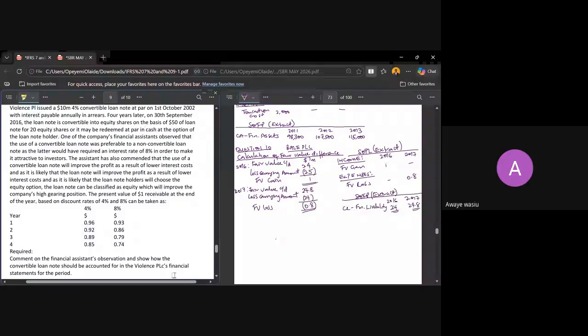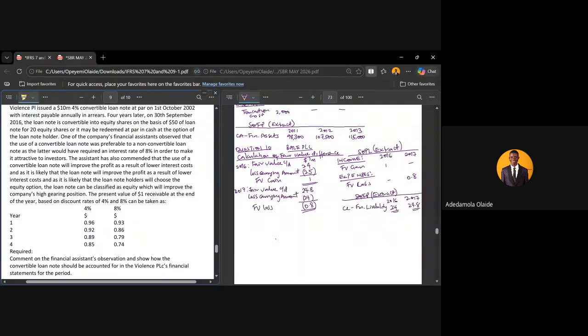Okay. Thank you very much for that. As we can see from what we have here, we have Violin PLC that issued a convertible loan note. Because the loan note is convertible, they will be paying interest at 4%, even though such a loan would have required an interest rate of 8%.